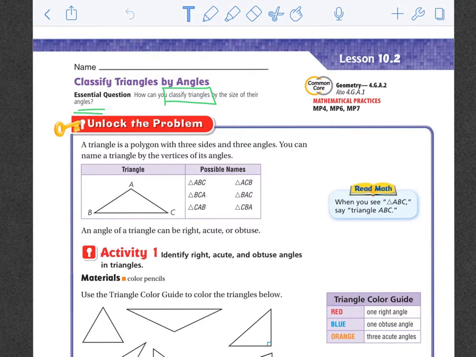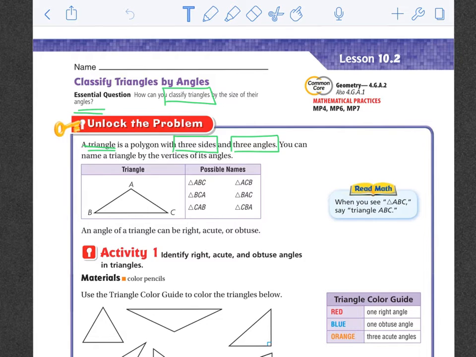We're just going to review here that a triangle is a polygon that has 3 sides and 3 angles. You can name a triangle by the vertices of its angles. Possible names here for this triangle: you have actually 6 possible names because there are 6 possible ways to identify the points in a different order.